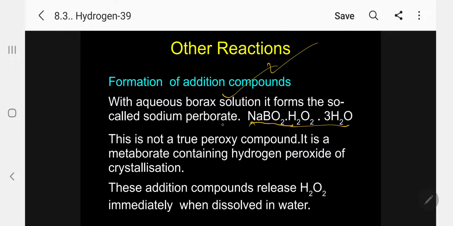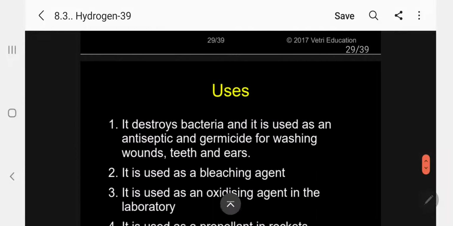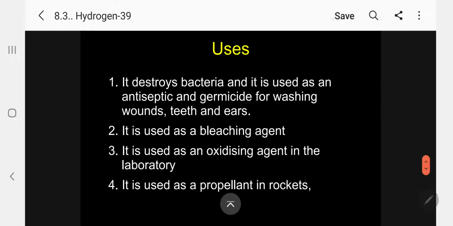This is not a true peroxy compound. It is a metaborate containing hydrogen peroxide of crystallization. These addition compounds release hydrogen peroxide immediately when dissolved in water. Okay, that's all regarding the chemical properties of hydrogen peroxide.